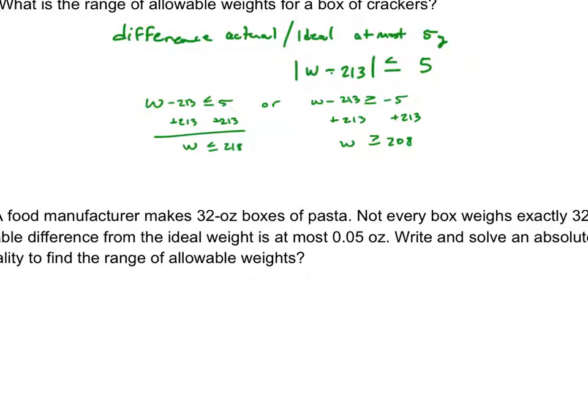No. So we know then that W, the weight, has to be less than or equal to 218, but greater than or equal to 208. So for all values of W, W should be less than 218 but greater than 208.